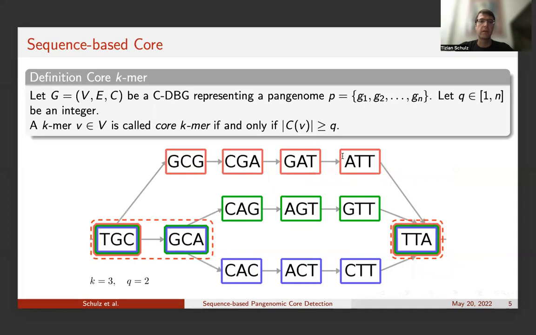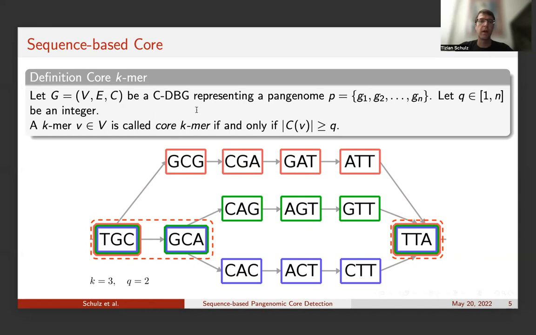Now the question is, if we have such a graph, how can we find a sequence-based core inside it? The most straightforward thing you can do is that you take such a graph that represents a pangenome, and then you choose an integer which is between 1 and n, where n is the number of genomes in your pangenome. And this integer you call a quorum.